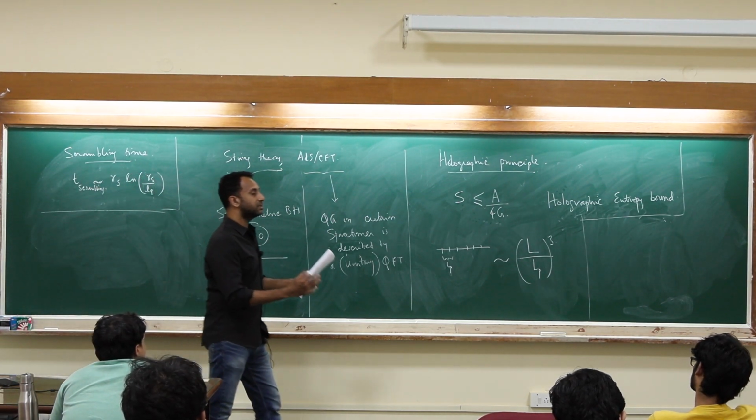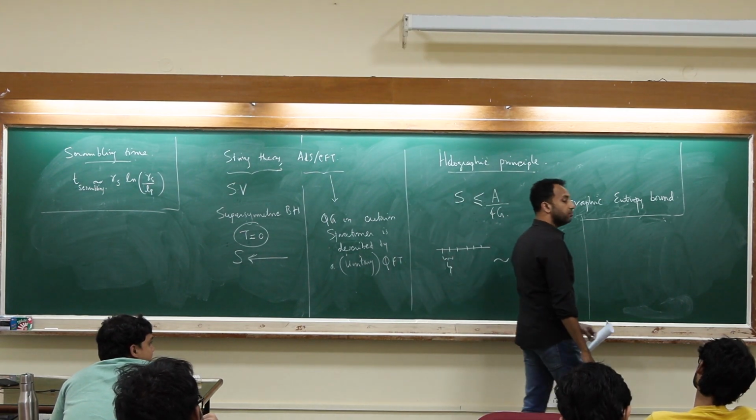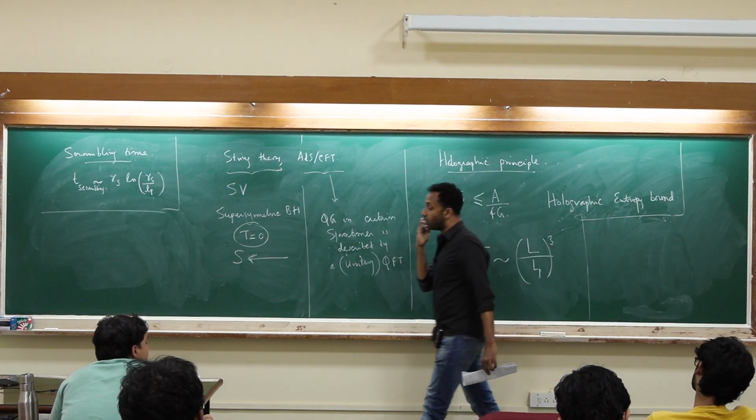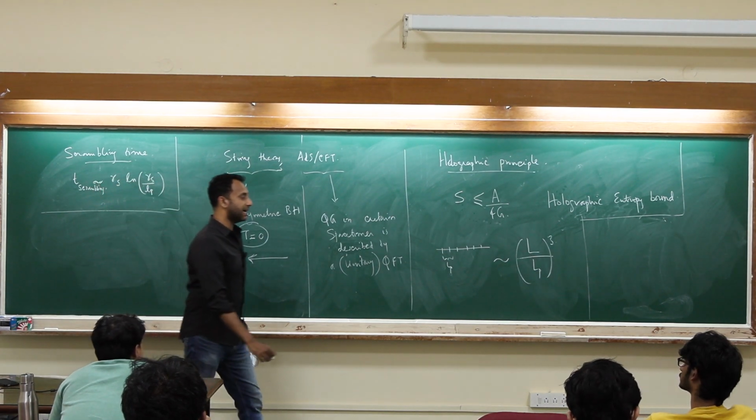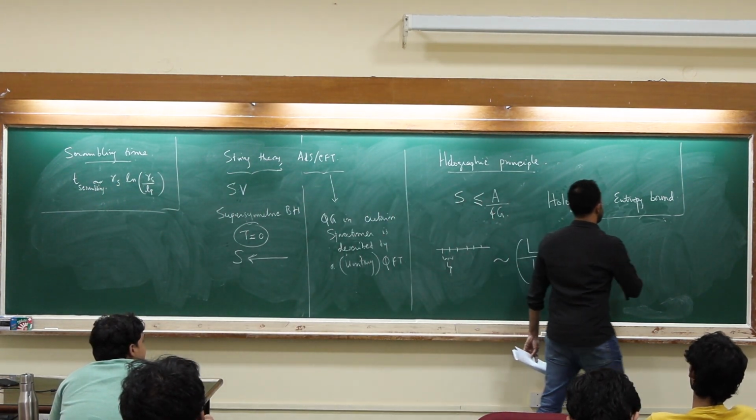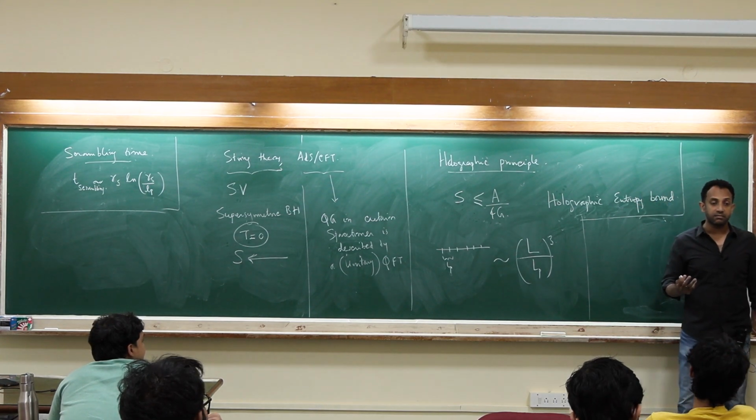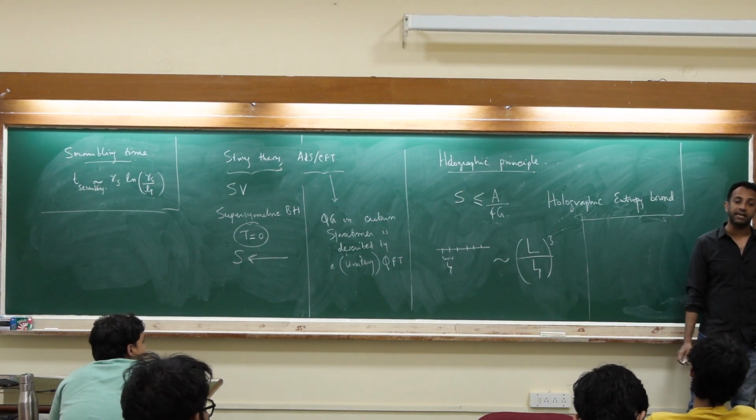But there was a hint that gravity might have a holographic nature already at the time when Einstein had his general theory of relativity. We expect that the metric fluctuates if you put it in a quantum mechanical system.